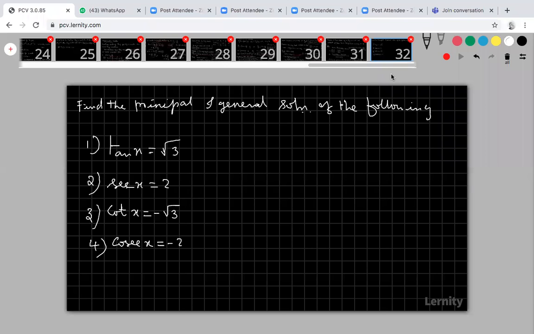Any doubt, students? If you don't have any doubt, we will finish our session. Yeah, you can apply, but you never get the general solution. Okay.